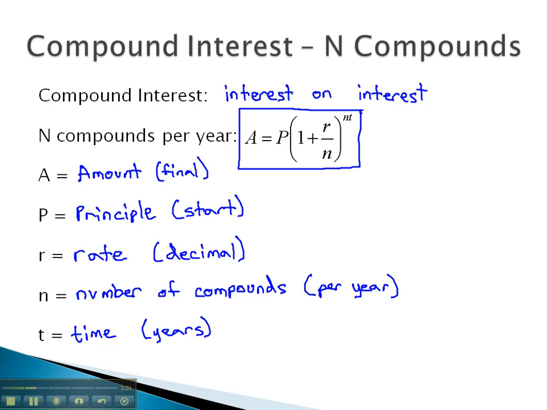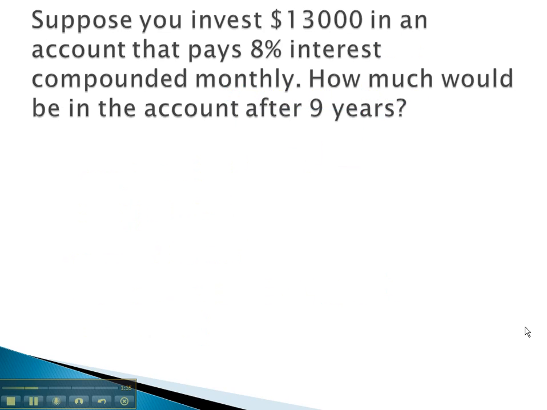Let's take a look at using this formula with some situations involving investments. Recalling that our formula is A equals P times 1 plus r over n to the nt, we're going to invest $13,000.